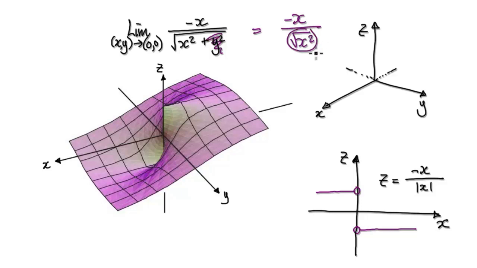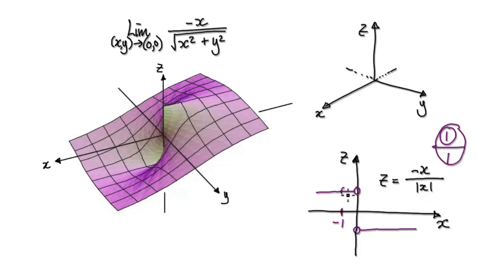Square root of x squared, you can imagine as being the absolute value of x. Now let's say you're at -1. When you put -1 into here, -x would be +1, and down here the absolute value of -1 is 1. So that's why you have an elevation of 1.